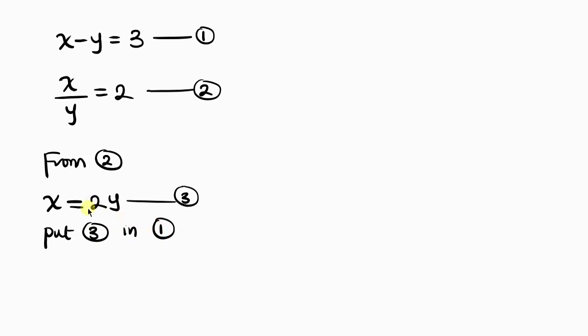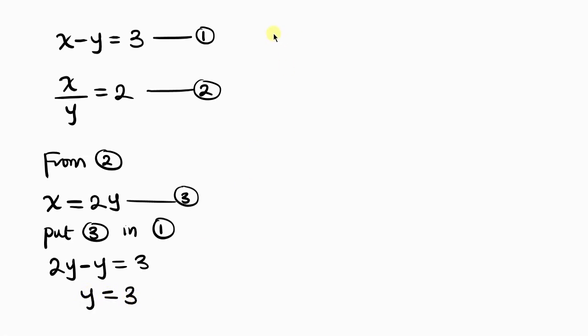That means whenever I see x, I'm going to be putting 2y. So this is x, I'll be putting 2y there, minus y, equal to 3. So 2y minus y is y equal to 3. So we got the value of y to be equal to 3.